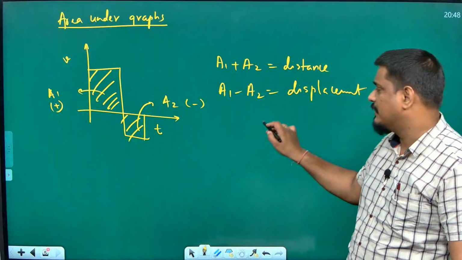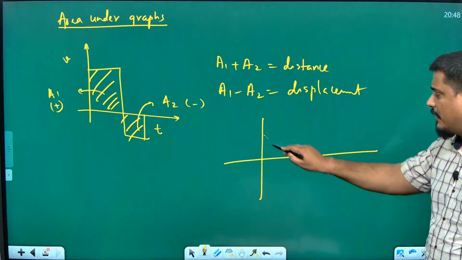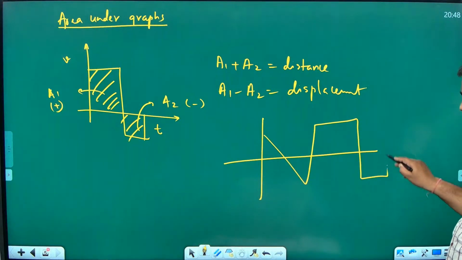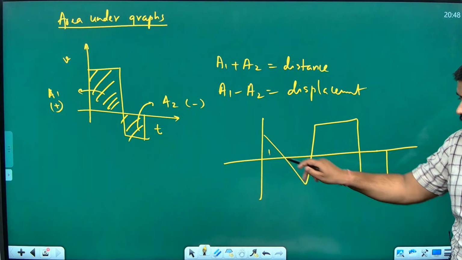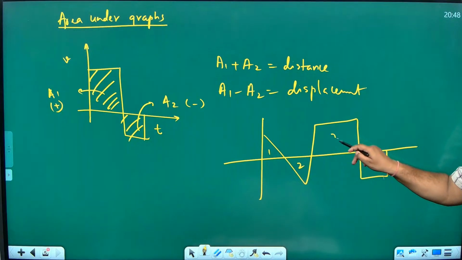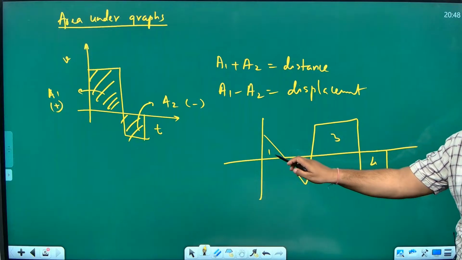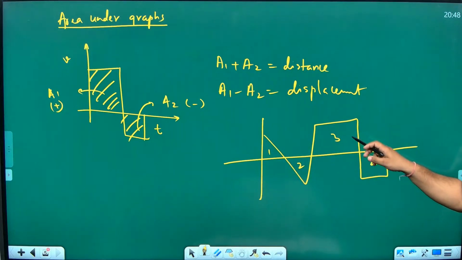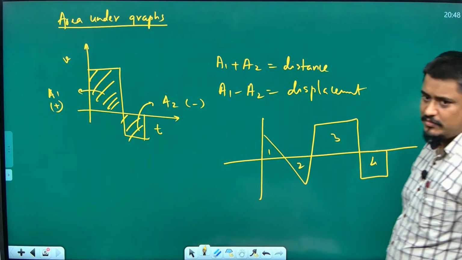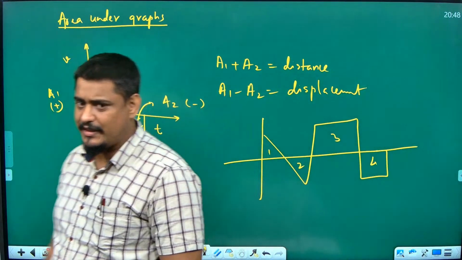So suppose a graph is given like this, where you have a graph like this. Then 1 plus 2 plus 3 plus 4 will give you distance covered. 1 minus 2 plus 3 minus 4 will give you displacement. I will repeat once again, Guru Sharan, pay attention.